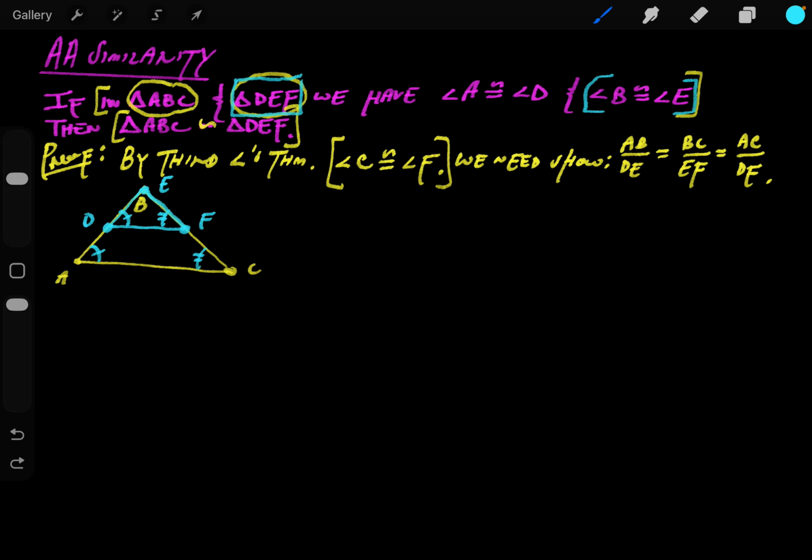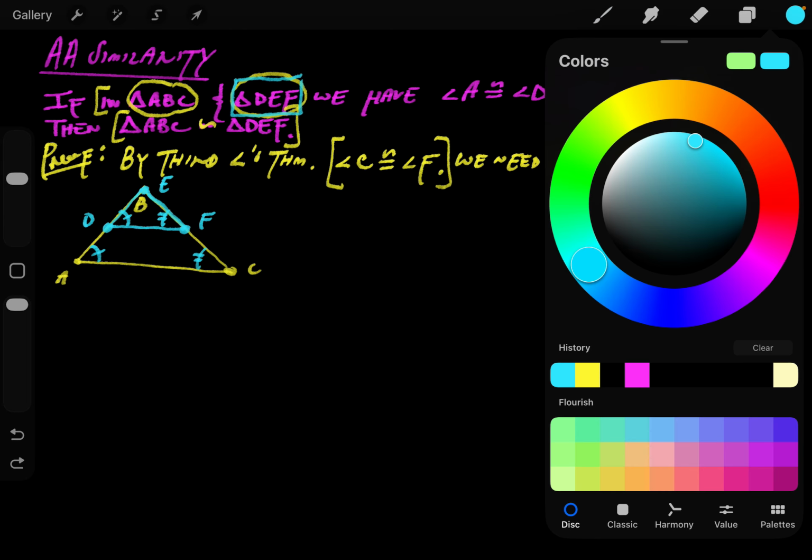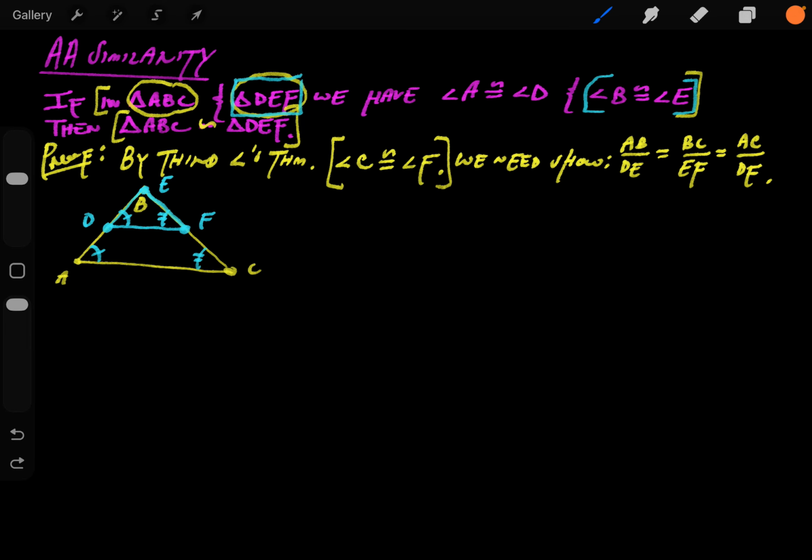Now, I could have easily made this argument by overlapping onto F and C instead of B and E, and it would have looked like this. I'm drawing where D would be, D, E, and then F and C would overlap.